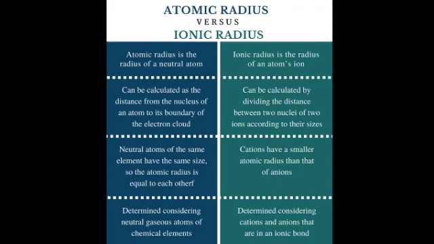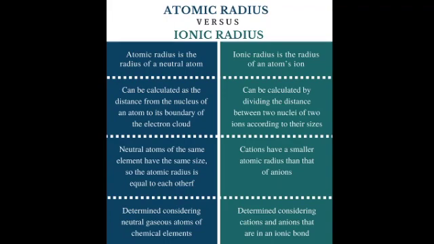Neutral atoms of the same element have the same size. So the atomic radius is equal to each other. But the cations have a smaller radius than that of anions in ionic radius.